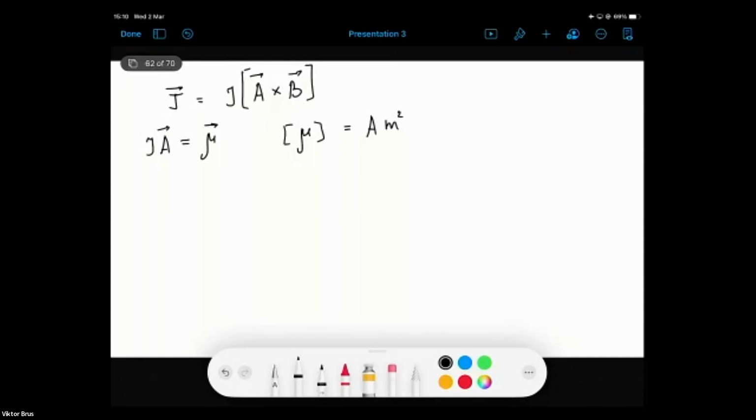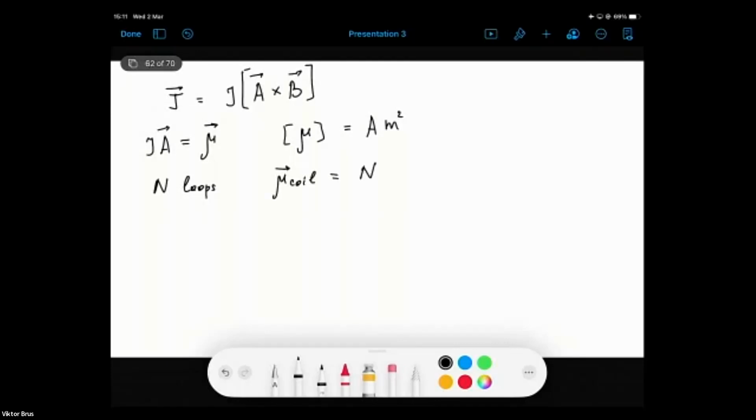So if we have some coil which consists of n loops, then the magnetic dipole moment of the coil can be calculated as follows.